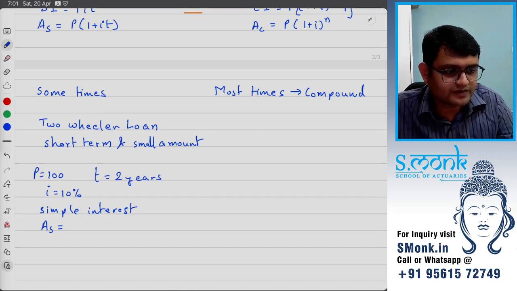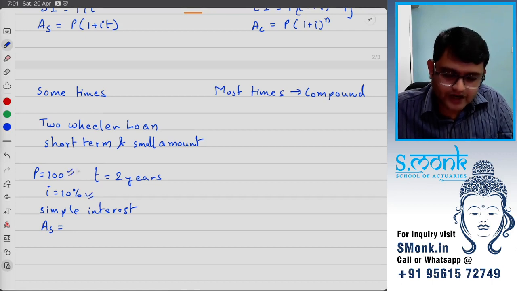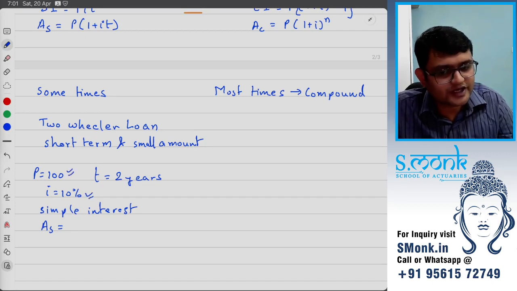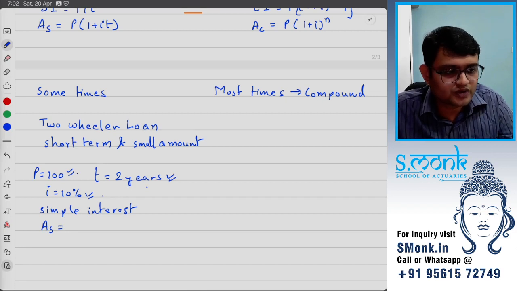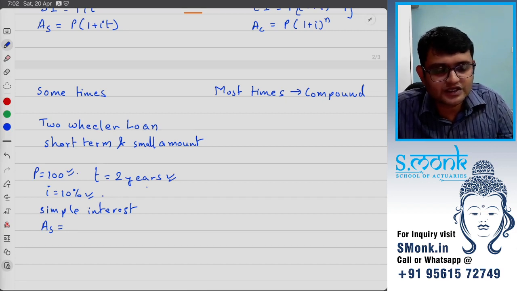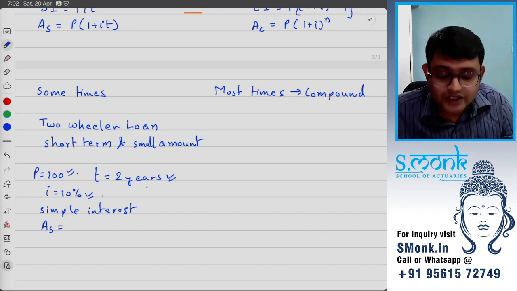Yeah, 120, right? You'll say 10% of 100 rupees is going to be 10 rupees for 2 years. So P into I into T will give me 20 rupees.